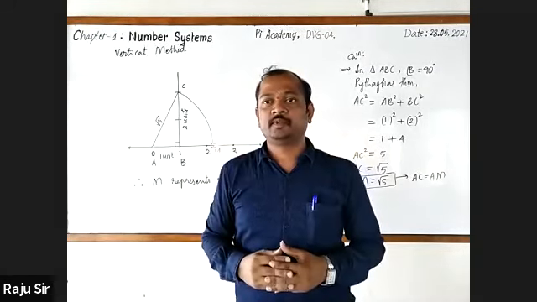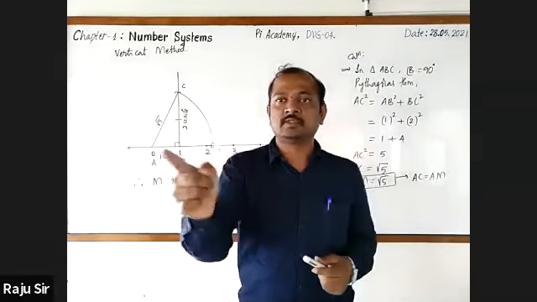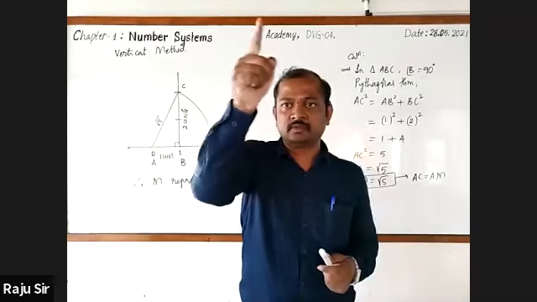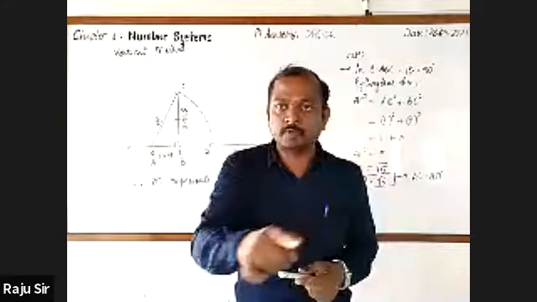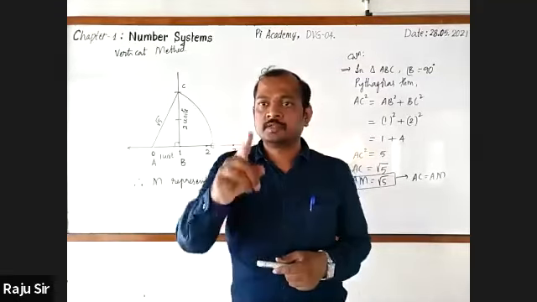Listen to me carefully. Just recall the methods that we used. One is the spiral method. What is that spiral method? Theodorus wheel method. It is also called spiral method. The second method is the vertical method.